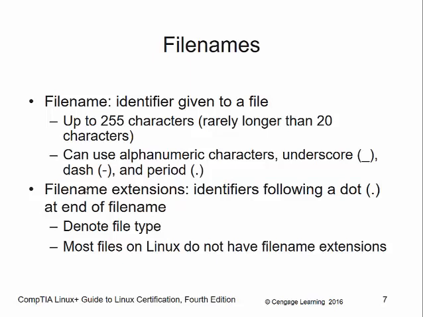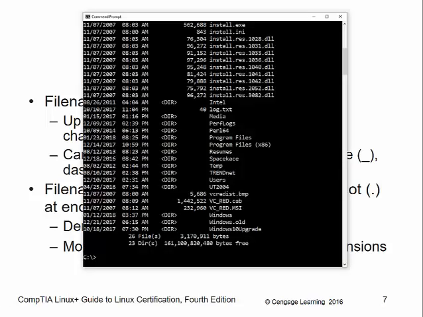Now, many files will use something called a file extension. And we see this under Windows all the time. This is the way it's been since the old DOS days. Like, for example, right here, we can see this file, vcredist.bmp. This first part right here was the file name. Then you have a dot, and then you have the file extension.